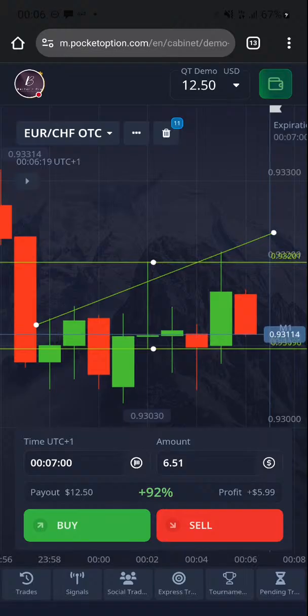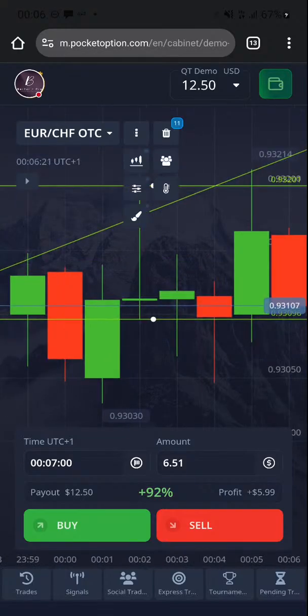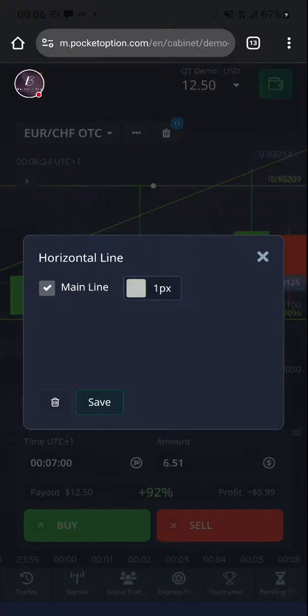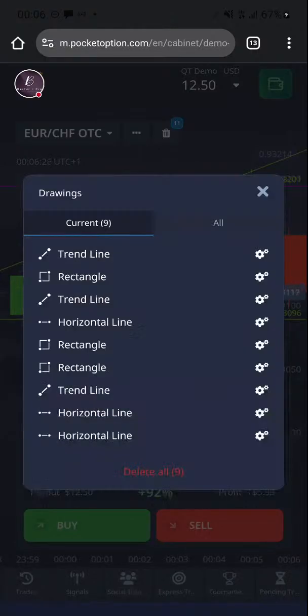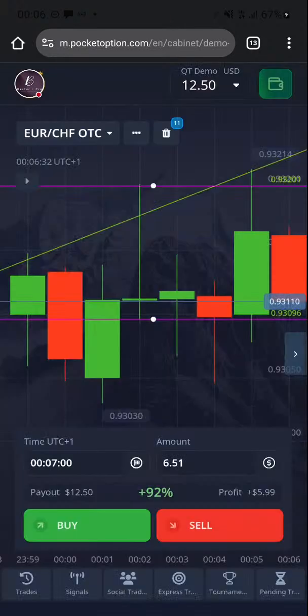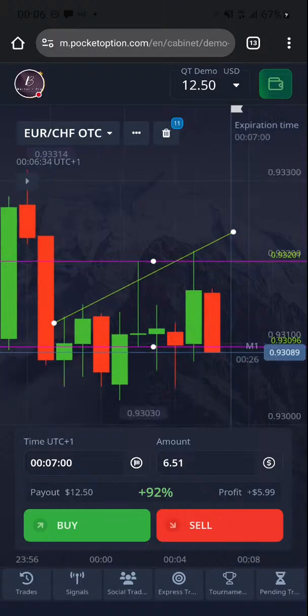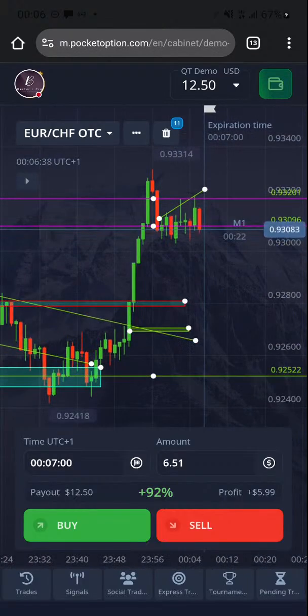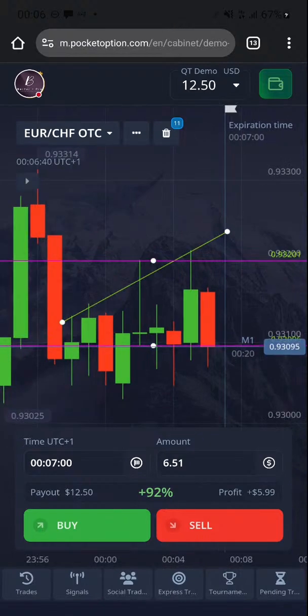This is the upper boundary. You can see this is the whole range. So over here, that's good. Now we can go with the buyers after this.